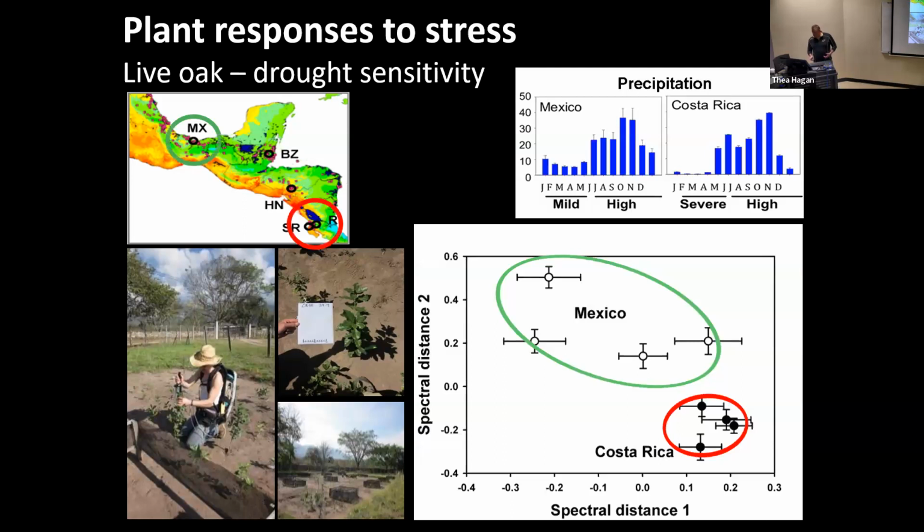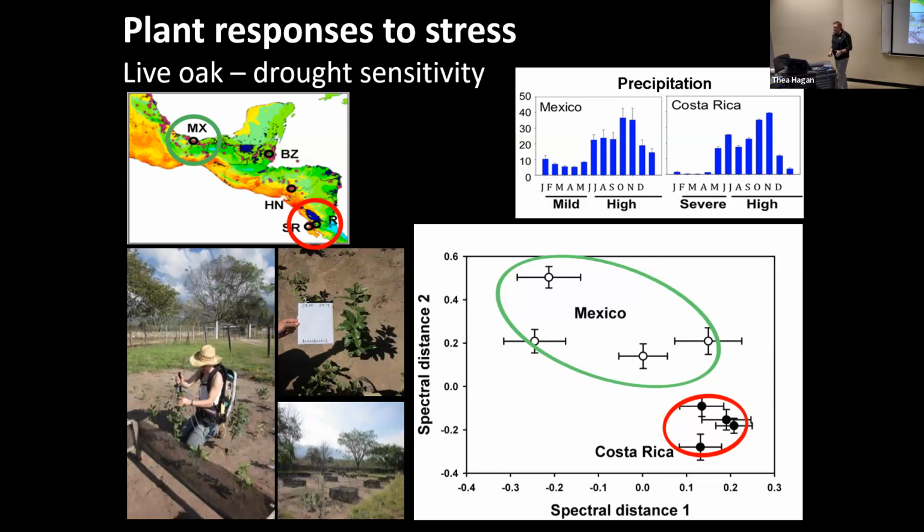And I'm cherry picking data from these two sites because they have the most disparate watering conditions or environmental conditions. But if you look, these are 4 different water treatments. All the open circles are plants from Mexico. All the closed circles are plants from Costa Rica under different water treatments. It doesn't matter which one it is for the purposes of this example.